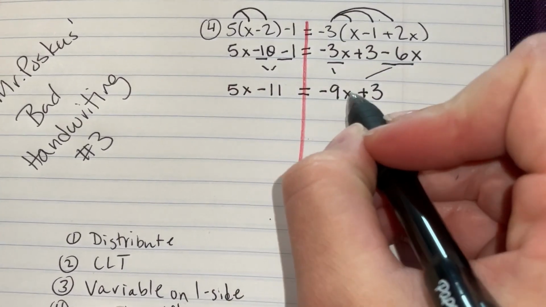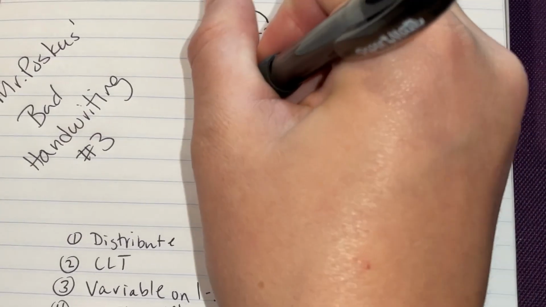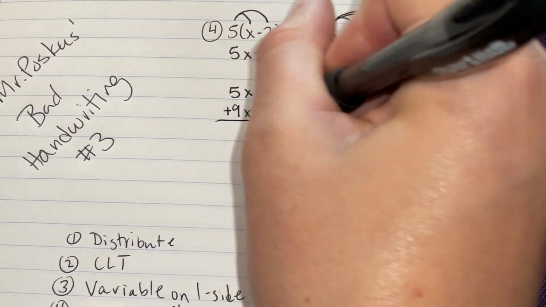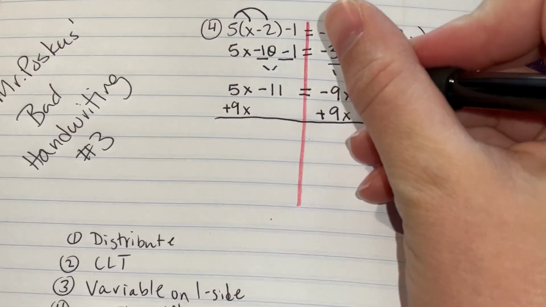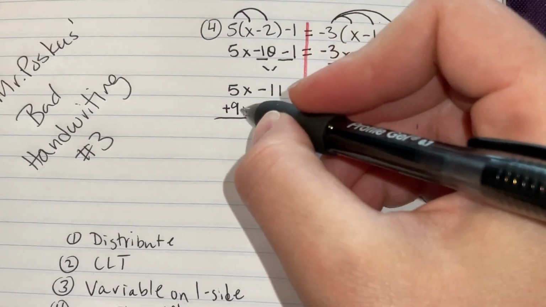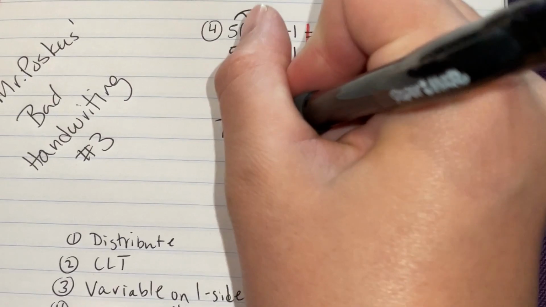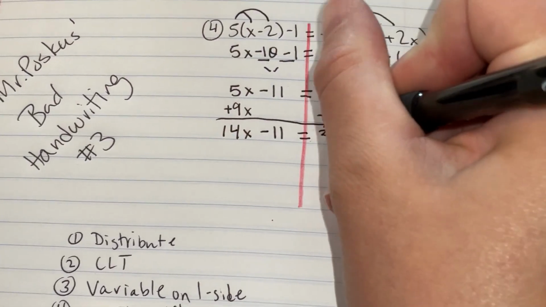I'm going to move the negative 9x, and I'm going to add that 9x on both sides. This leaves me with the 9x here being eliminated. 5x plus 9x is 14x. Everything else was not messed with, so we can drop it down.